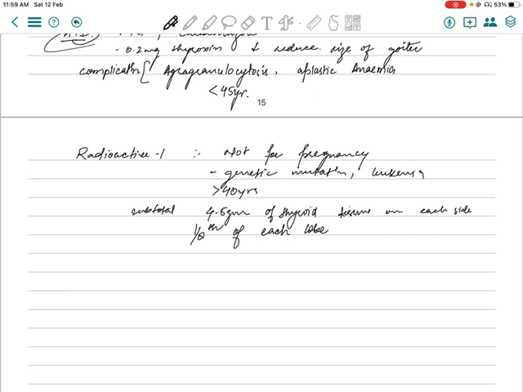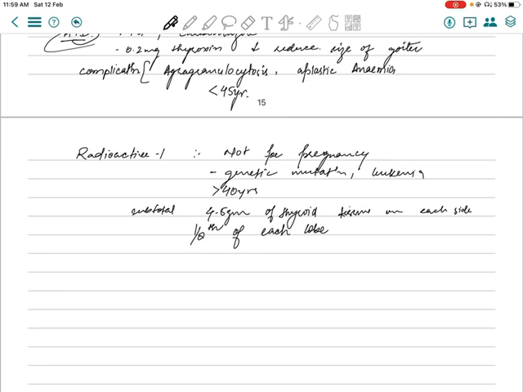Post-operative complications following thyroidectomy: there could be immediate complications, and there could be late complications also. Hemorrhage is one which is immediate, and infection, laryngeal nerve palsy, thyroid crisis, respiratory obstruction, and there could be parathyroid insufficiency.